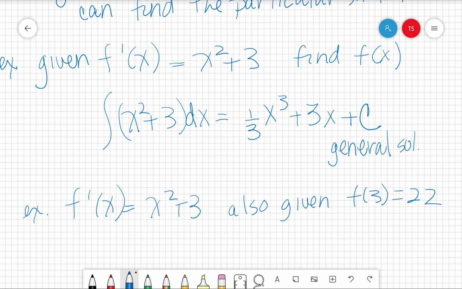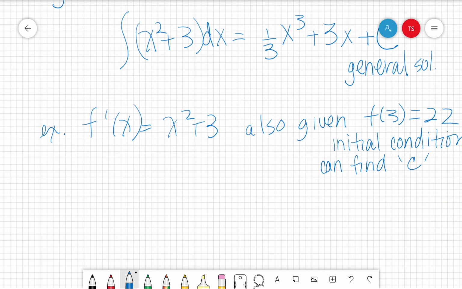So this is what I call my initial condition, and I can use the initial condition to find the value of c, our constant of integration. So we'll start with integrating x squared plus 3 dx.